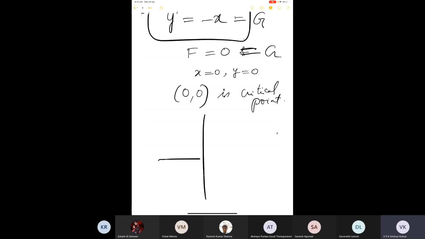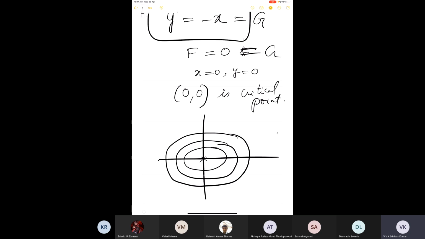So when the origin is a critical point here, we can have solutions like, for example, periodic solutions. These are the paths or trajectories, that is, (x(t), y(t)). What are x(t) and y(t)?